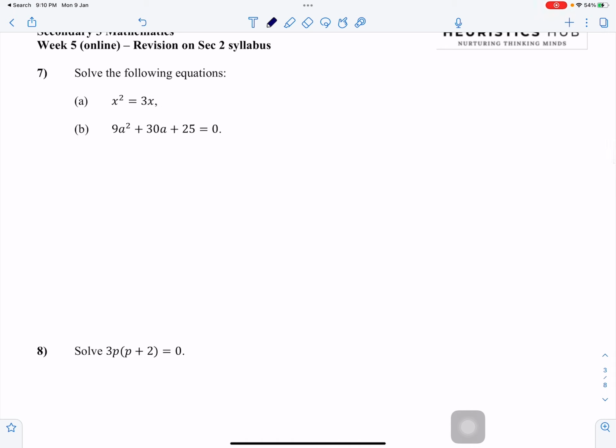Question number 7 is solving equation. What you do in solving equation is that you shift everything to the left hand side. The right hand side becomes 0, so x equals to 0, or x minus 3 equals 0, x equals to 3. So you will see that there are 2 answers altogether.